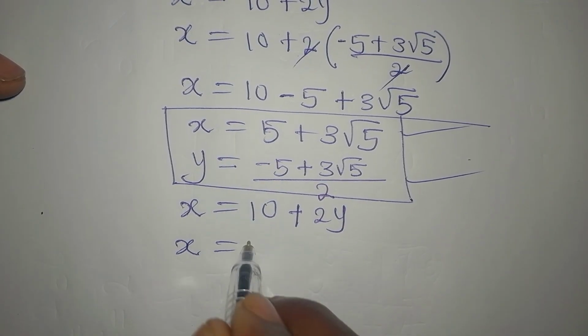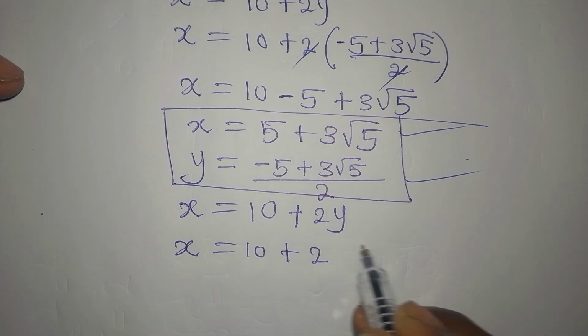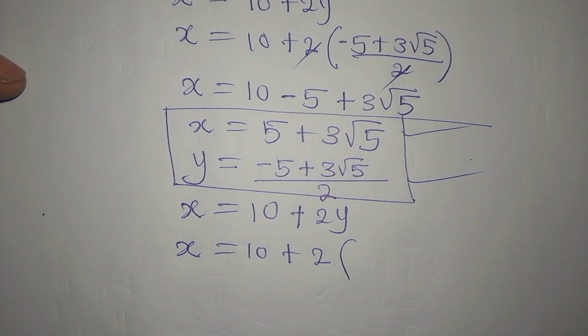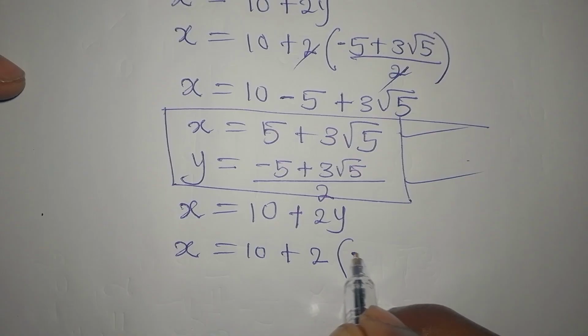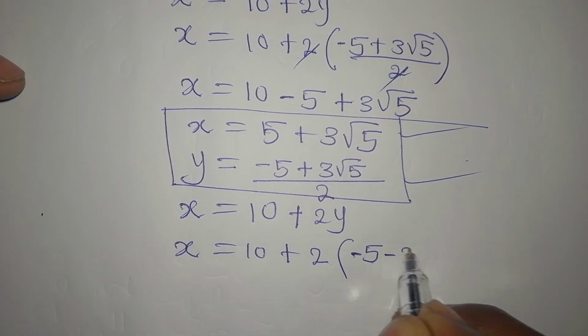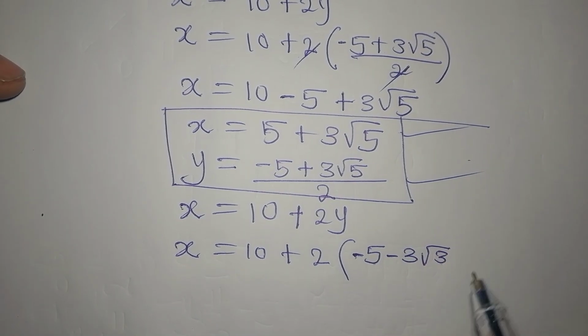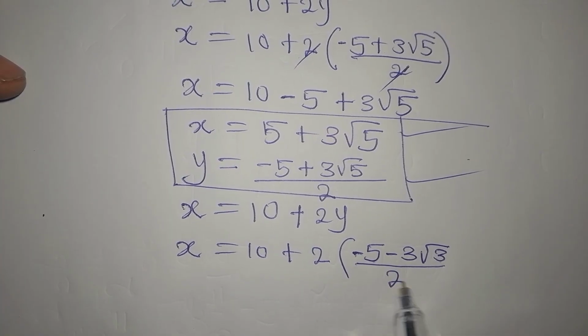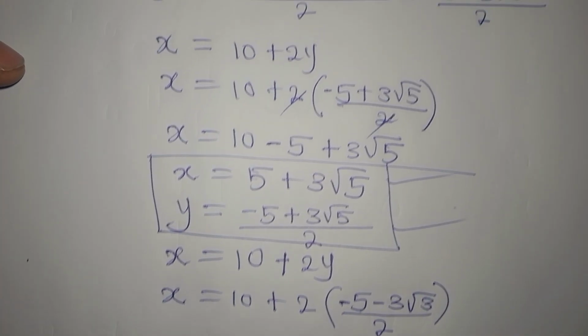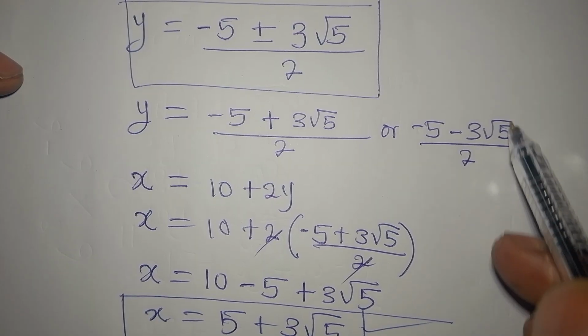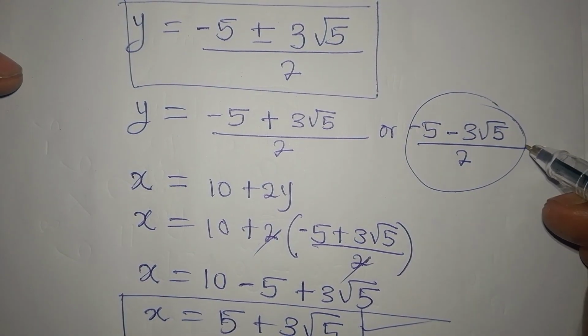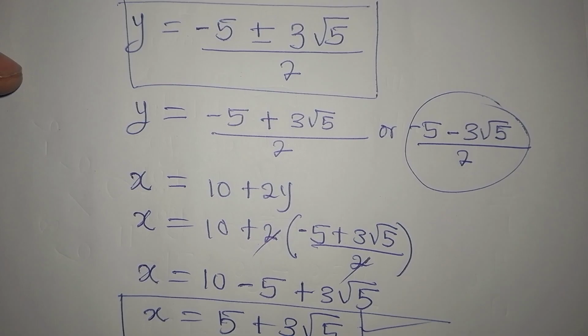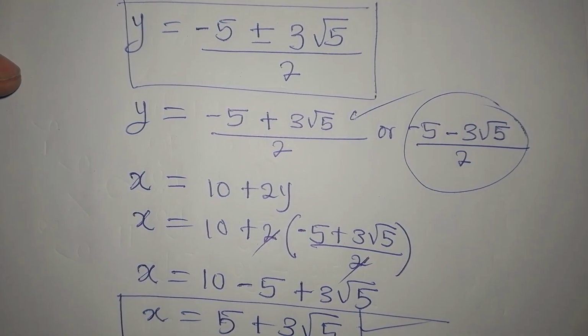So x will now be 10 plus 2. What is y? y this time around is going to be minus 5 minus 3 root 5. Then we divide it by 2. I'm picking this from here. The one I used before is this value.